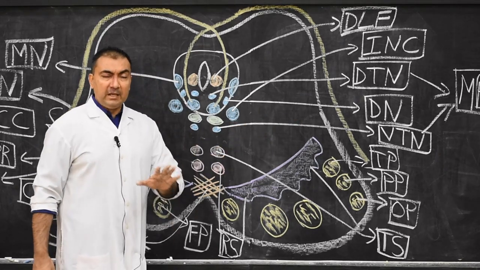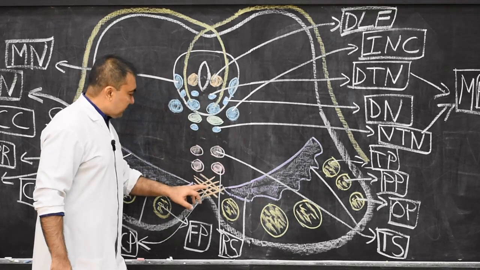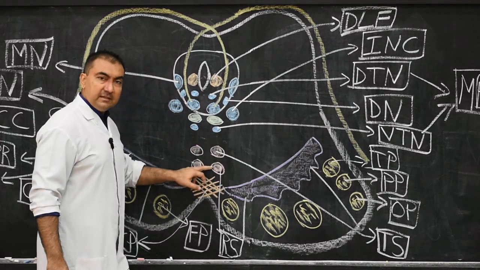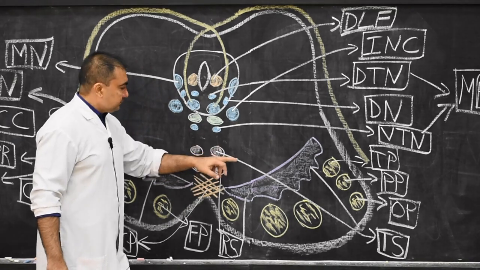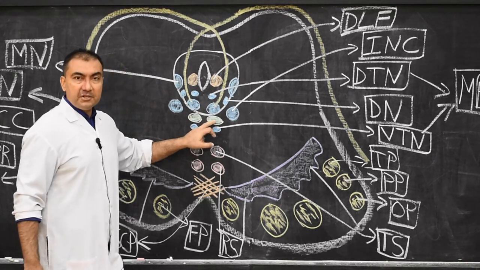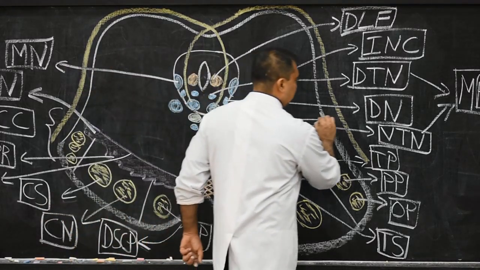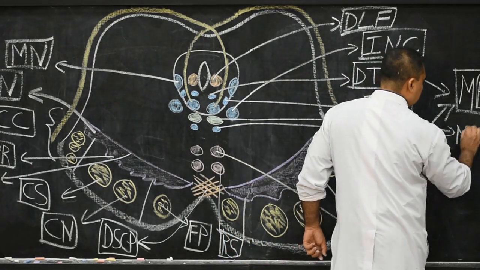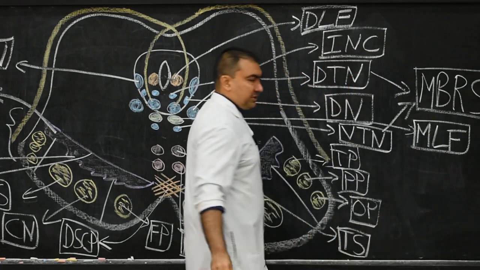So the tegmentum in the midline has the following structures from anterior to posterior: decussation of the superior cerebellar peduncle, then the rubrospinal tract, then the tectospinal tract, and the medial longitudinal fasciculus. So here we note this down as the medial longitudinal fasciculus. This much we have to note down.